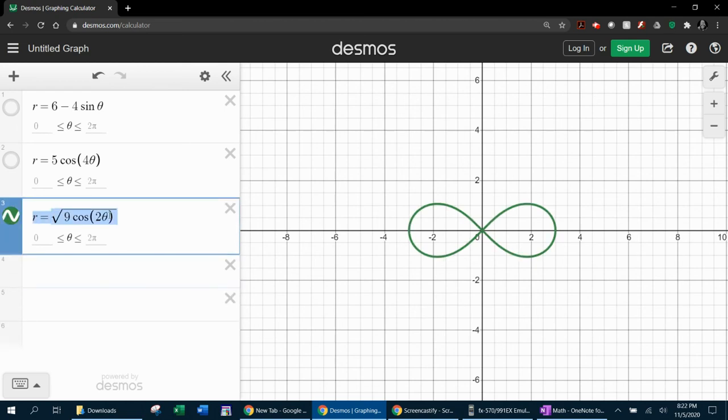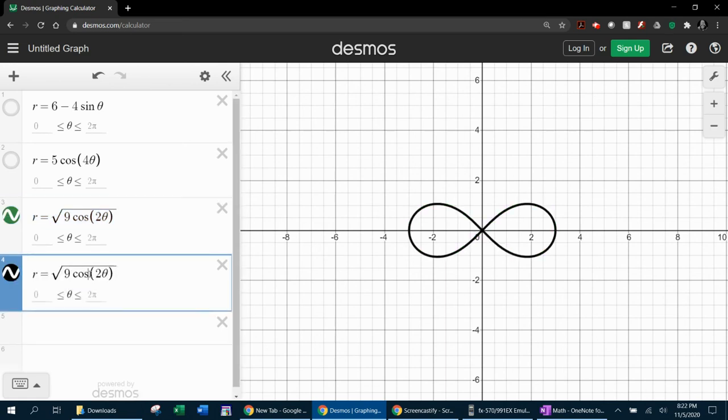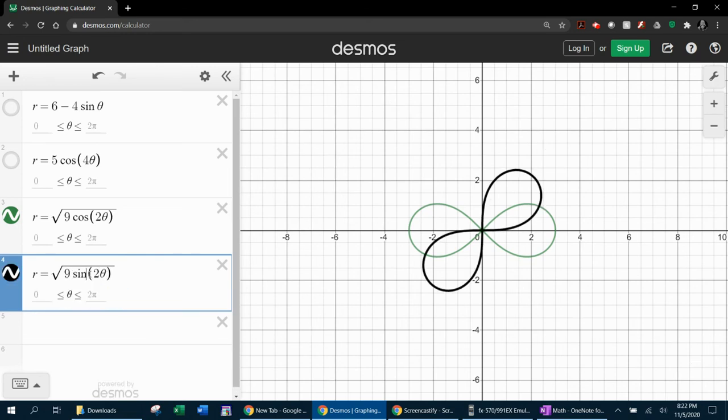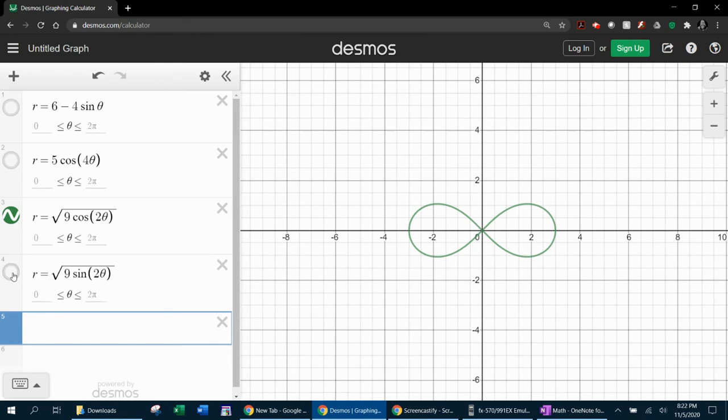And then if I copy and paste that, and change the cosine to a sine, you can see the difference there in orientation. Okay, so the cosine is going to make a figure 8 horizontal, and the sine is going to make the figure 8 at a 45-degree angle there. So there's the difference in the two lemniscates.